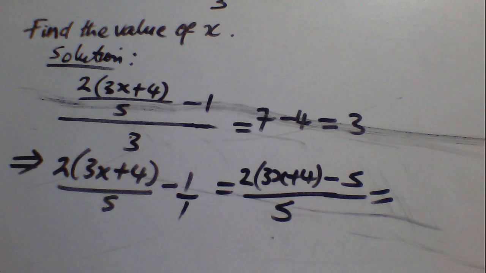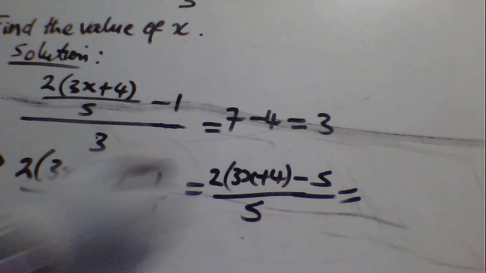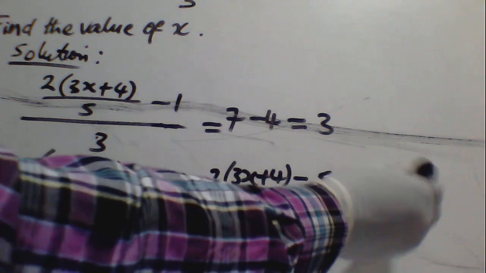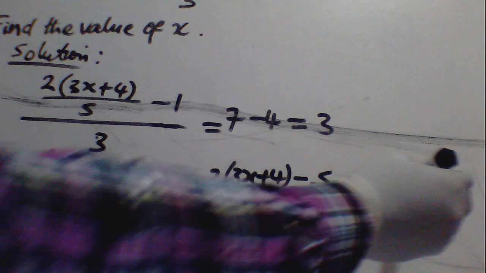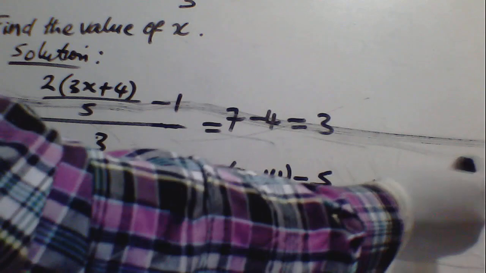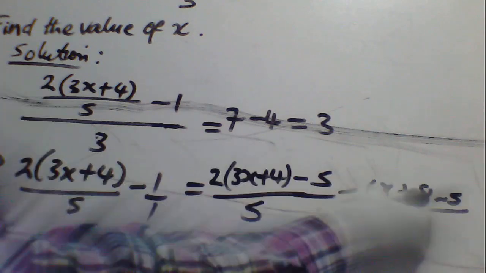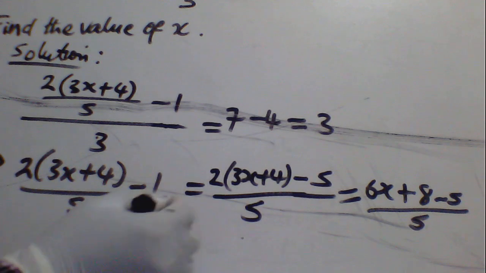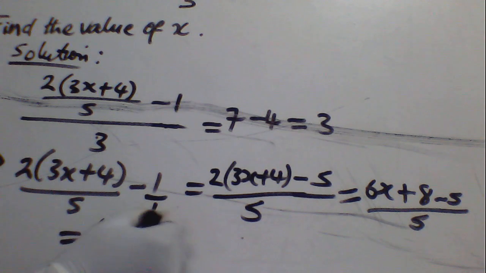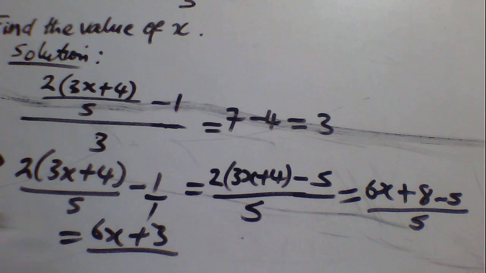If you open the bracket, 2 times 3x will give us 6x, plus 2 times 4 will give us 8, minus 5, all divided by 5. So from here you have 6x, and 8 minus 5 will give us 3, divided by 5.